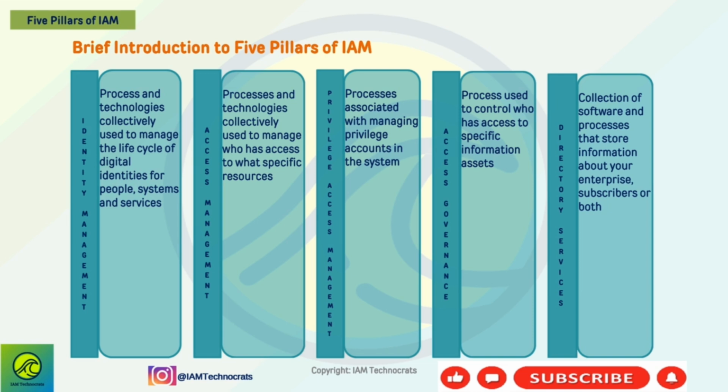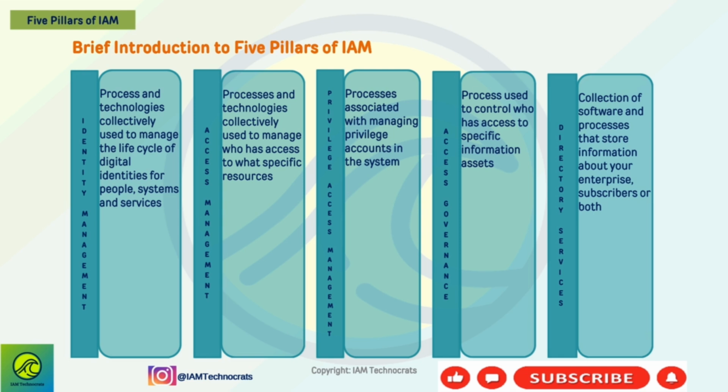Privileged access management, PAM, is the processes associated with managing privileged accounts in the system. Access governance is the process used to control who has access to specific information assets. The last, directory services, is the collection of software and processes that store information about your enterprise, subscribers or both.